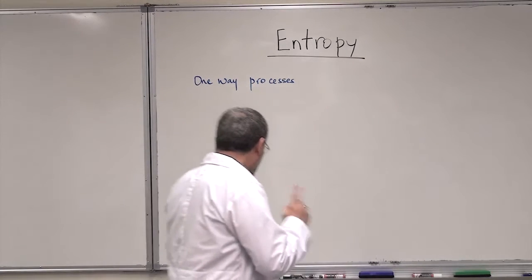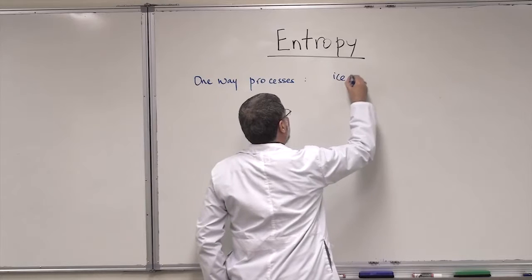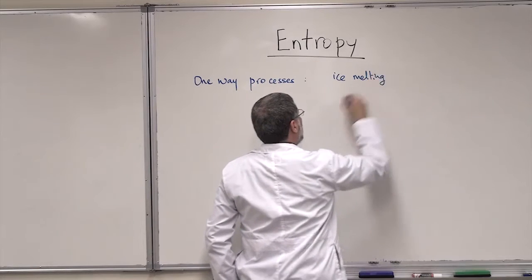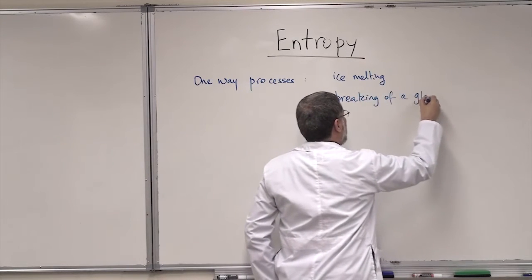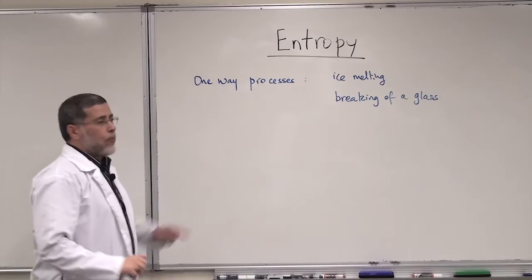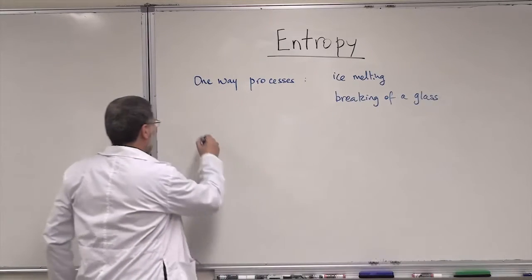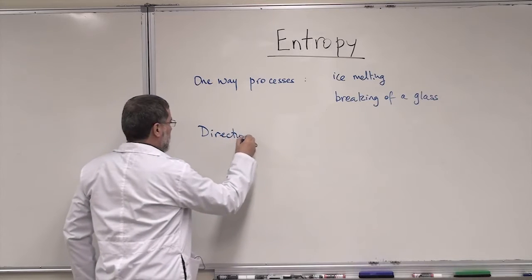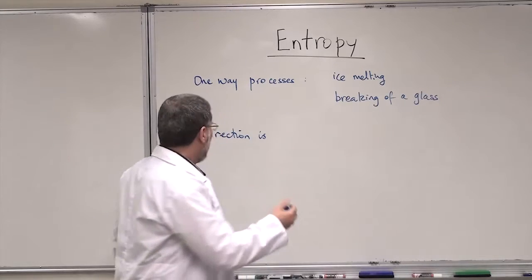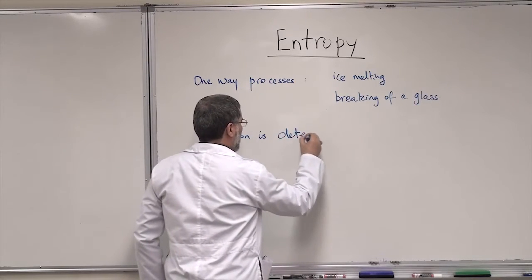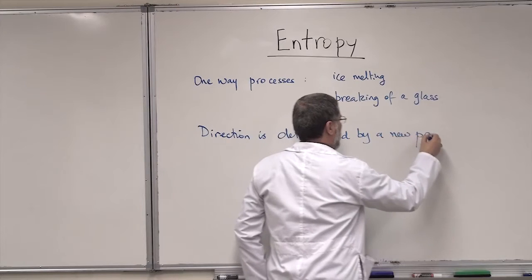So the direction of the process: I gave you the example of a one-way process, which is ice melting. Okay, that's a one-way process. Breaking of a glass, that's also a one-way process. And the direction of these one-way processes is determined by a new property, which is called the entropy.